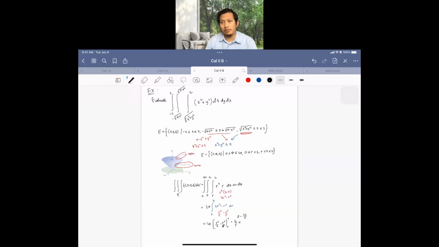So probably 2 or 3 more classes, that will be my goal. So finish the chapters first, and then the rest of the classes, maybe one or two, will be about the review and how to prepare for your final exam.